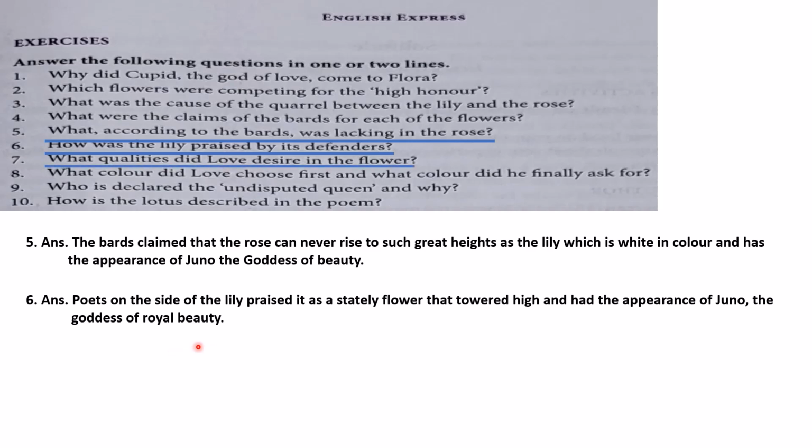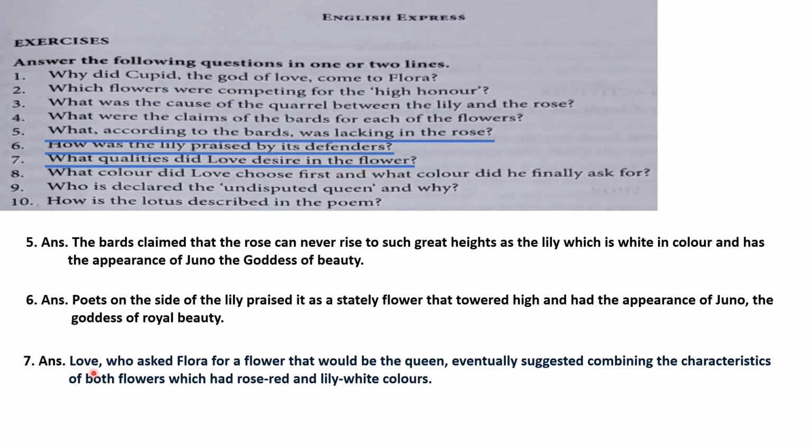Seventh question, what qualities did Love desire in the flower? So, what did he desire? Love, who asked Flora for a flower that would be the queen, eventually suggested combining the characteristics of both flowers, which had rose red and lily white colors. He said both the colors should be there.